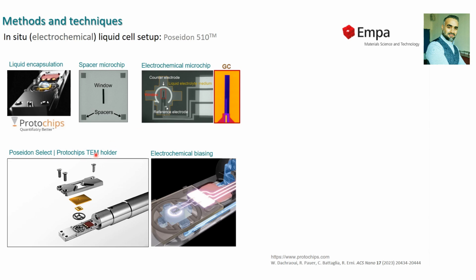To build the cell on top of the holder, it's simple: aligning the two microchips on top of each other, and with the help of a gasket O-ring, liquid can be encapsulated and sealed from the vacuum of the electron microscope. After that, we can inject liquid and then we can cycle the battery inside the TEM.